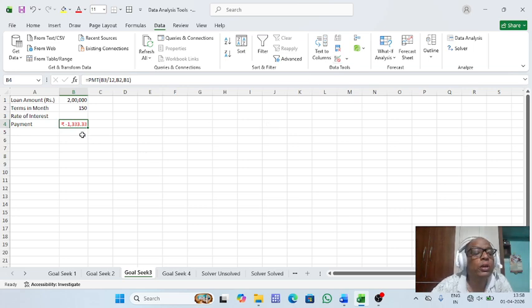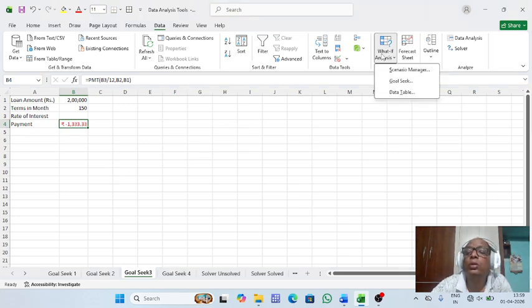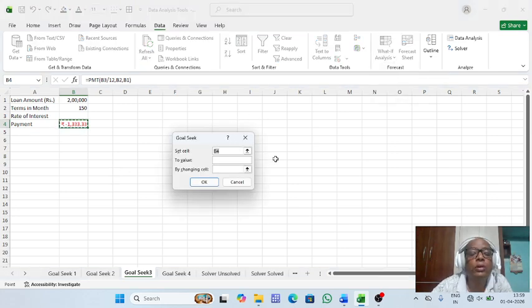Now suppose you want to make a payment of 3000 rupees. Then what will be the rate of interest? You go to Goal Seek again, click on the payment amount, which is how much you are willing to pay per month, 3000, by changing the cell of the rate of interest, which is the input.